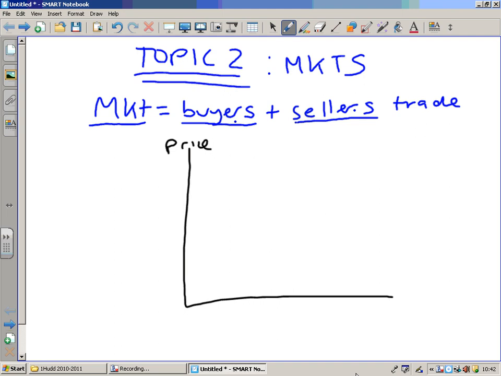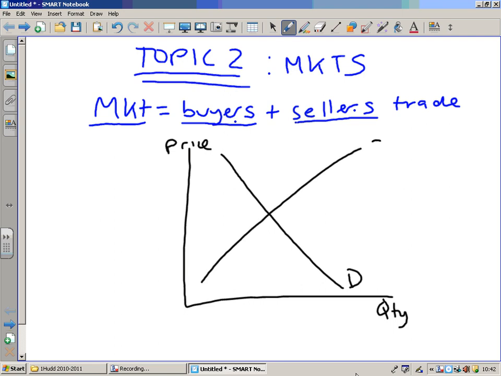We've got price and we've got quantity. We've got our demand line, which shows our negative relationship between price and demand, i.e. price goes down, demand goes up, or as price goes up, demand goes down. And we have our supply line, positive relationship this time, so as price increases, supply increases, or as price falls, supply falls.